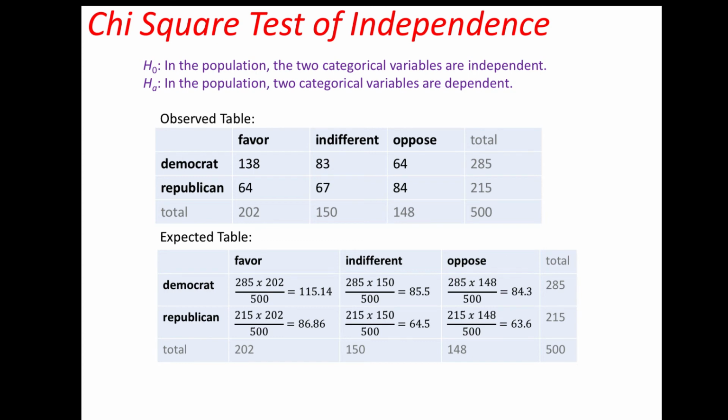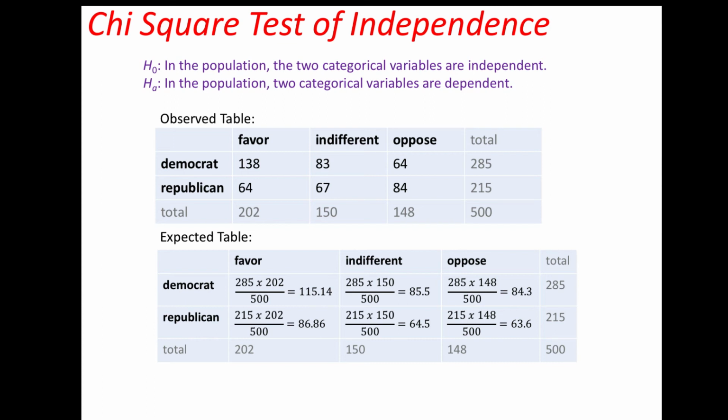To better understand what these expected counts represent, first recall that the expected counts table is designed to reflect what the sample data counts would be if the two variables were independent, meaning that they were not dependent on each other.